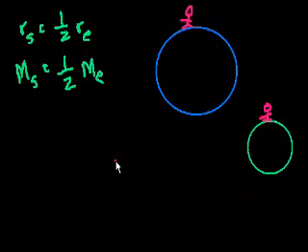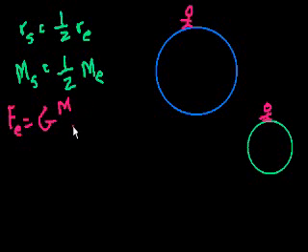So what is the pull on me on Earth? Well, my weight on Earth, the force on Earth, is going to be equal to the gravitational constant times my mass, so m sub m, times the mass of Earth, divided by what?